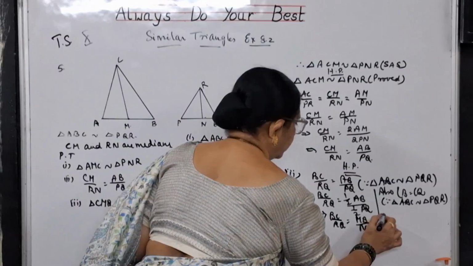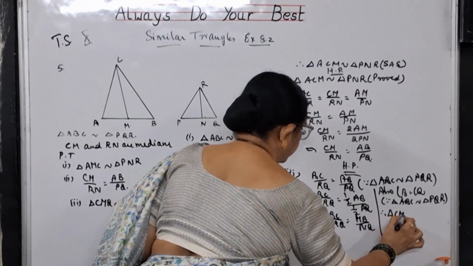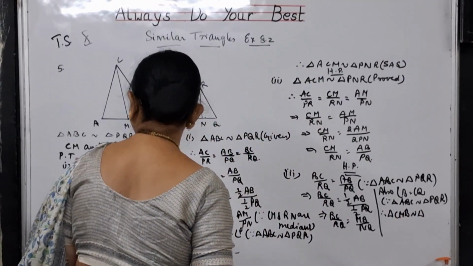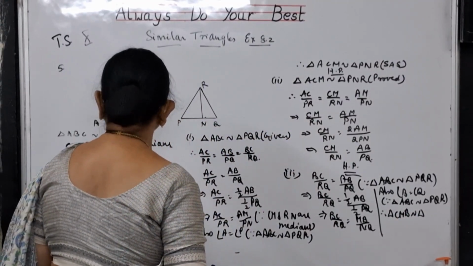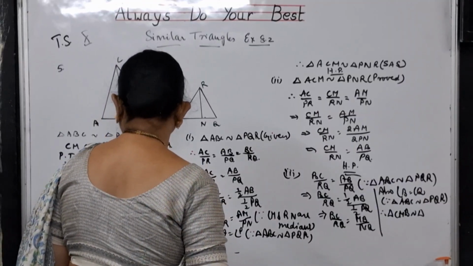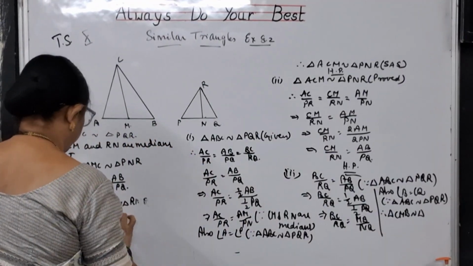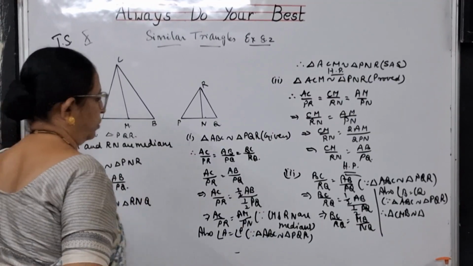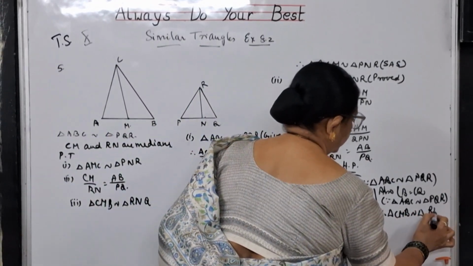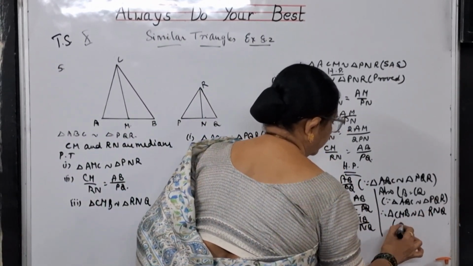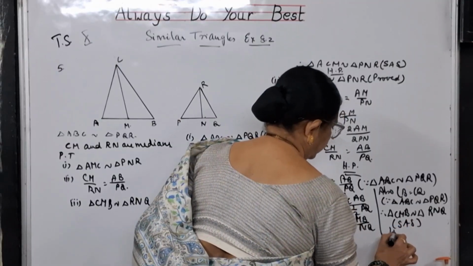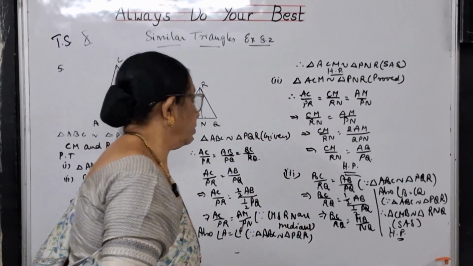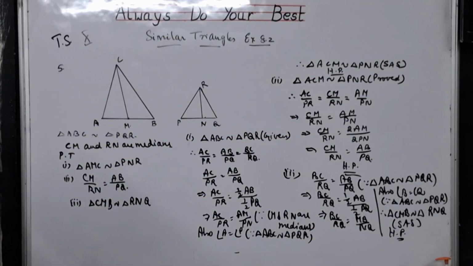Triangle CMB is similar to triangle RNQ, based on the side angle side property. You have proved the third bit in this way. Please note it down, children. This is the fifth problem.